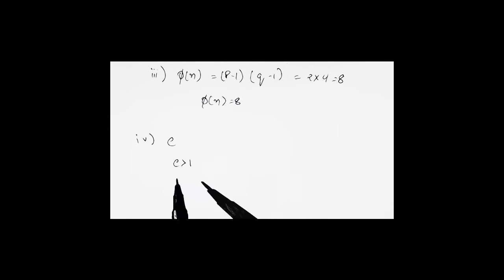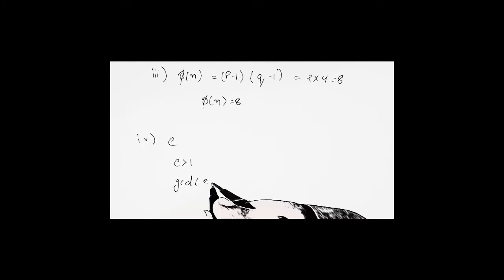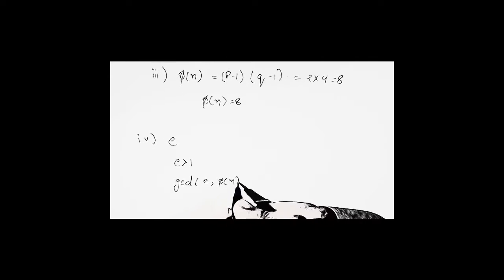Some of the questions will have E in the question, but here we will solve by ourselves because we need to understand how the process is done. So the condition is E should be always greater than 1 and the GCD of E and phi of n should be equal to 1. So here GCD of E, 8 should be 1.